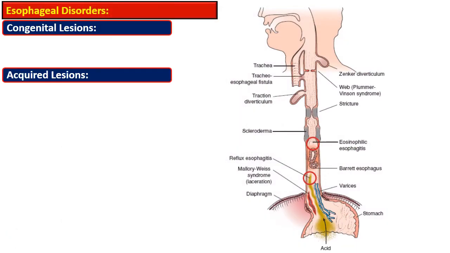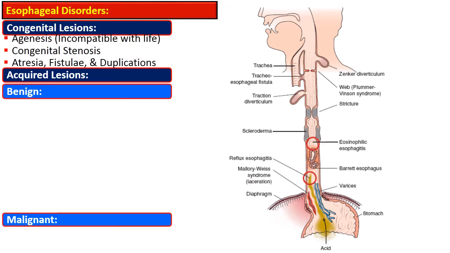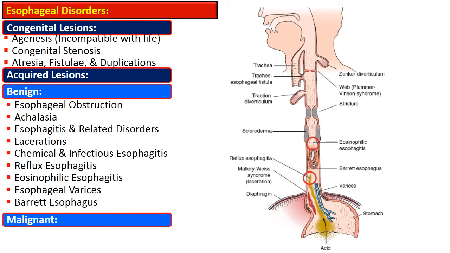The disorders of the esophagus can be classified as congenital and acquired lesions. The congenital lesions of the esophagus are agenesis, that is incompatible with life, while the other lesions are congenital stenosis, atresia, fistulae formation, and duplication of the esophagus. Again, the acquired lesions can be divided into two categories: the benign lesions and malignant ones.